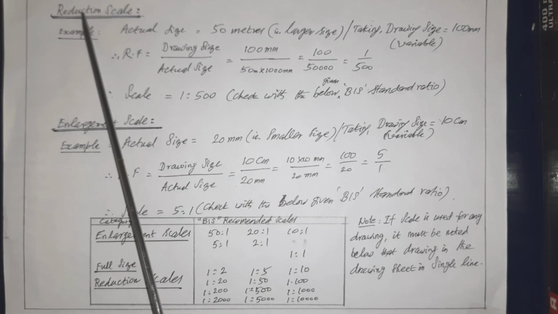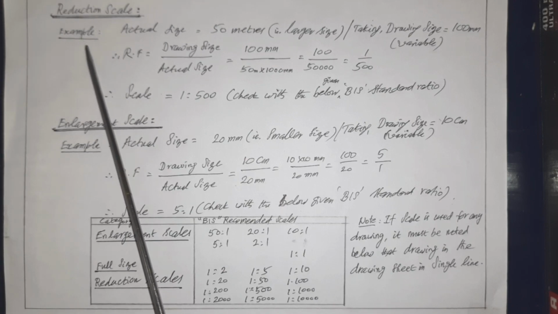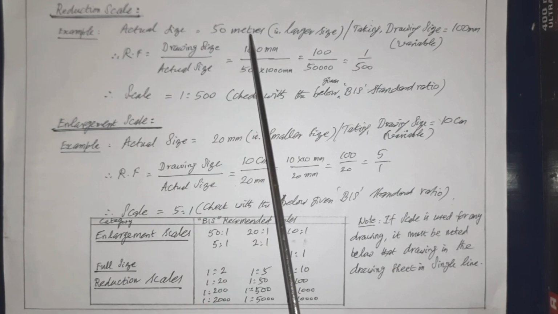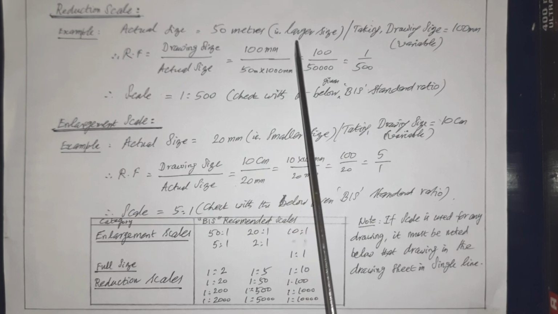First we see about reduction scale. Example, actual size is 50 meters, as shown. Since this is large in size, we have to go for the reduction scale as discussed earlier.